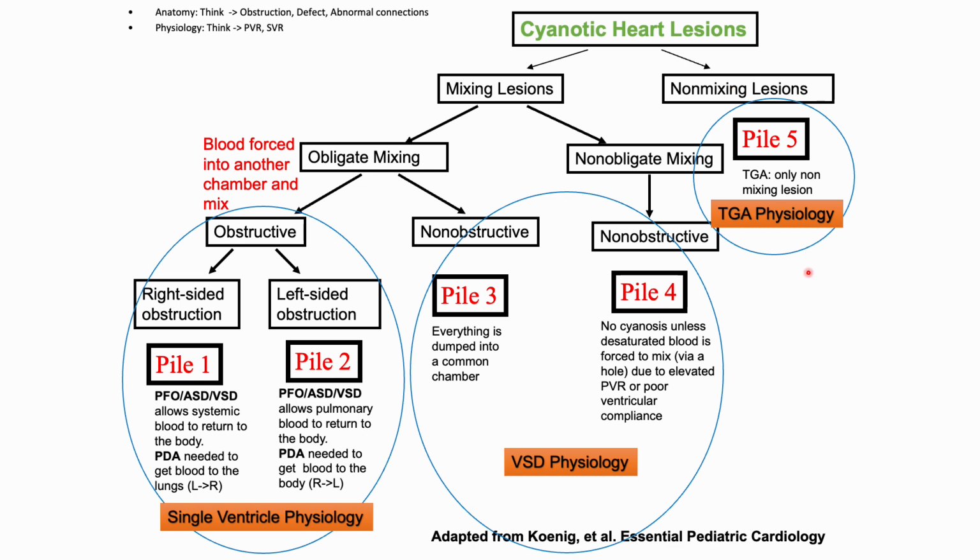So the TGA physiology, that is easy. That was the only non-mixing lesion. Your connections are abnormal, and there is separate blue and red, but going to the wrong side.